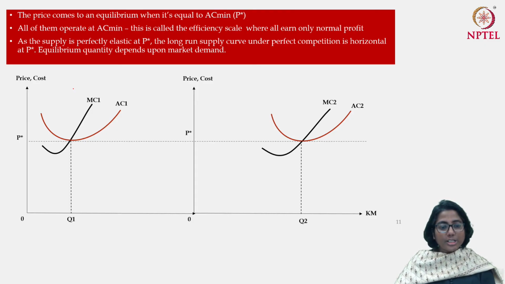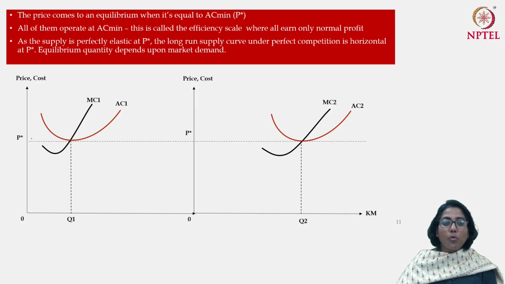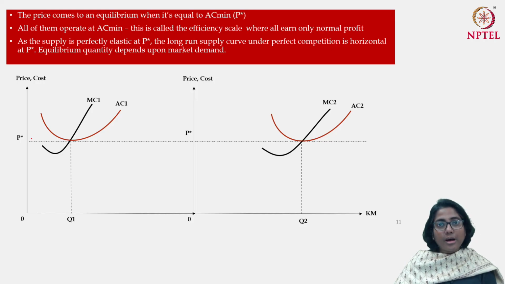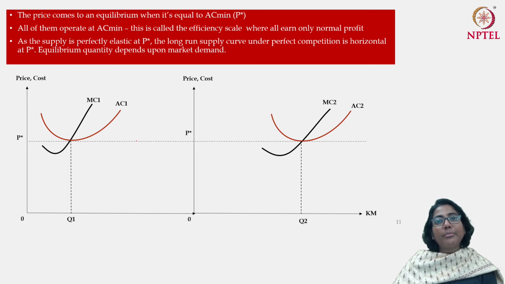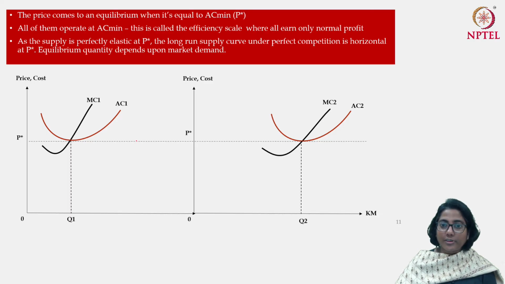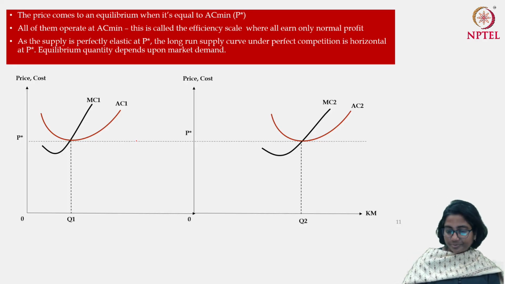So in the long run, P star is the long run perfectly competitive price where all the existing farms are operating at the minimum point of the average cost curve. None of them is earning a supernormal profit. None of them is incurring any kind of loss. So it's a no profit, no loss situation under which the long run perfectly competitive market equilibrium operates. And this is the most efficient outcome.